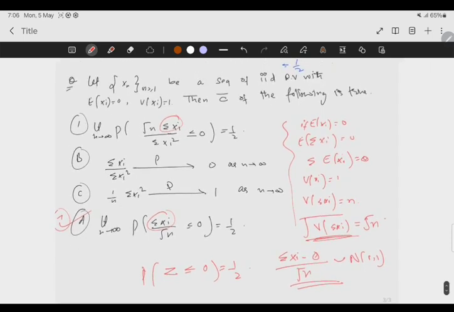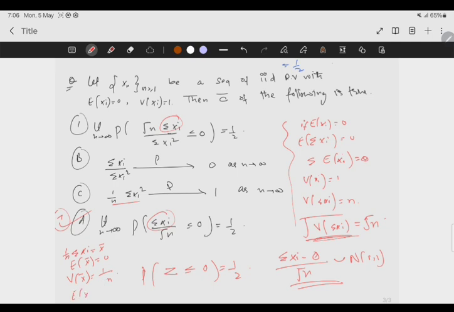Now see, if expectation of summation Xi is equal to 0, what is variance of summation Xi? Wait a minute. 1 upon n summation Xi, this is X bar. So expectation of X bar is equal to 0. What is variance of X bar? That is nothing but 1 upon n.